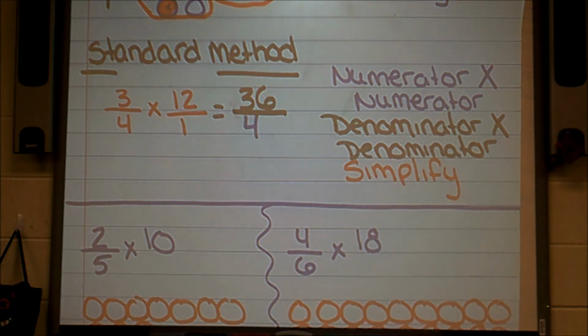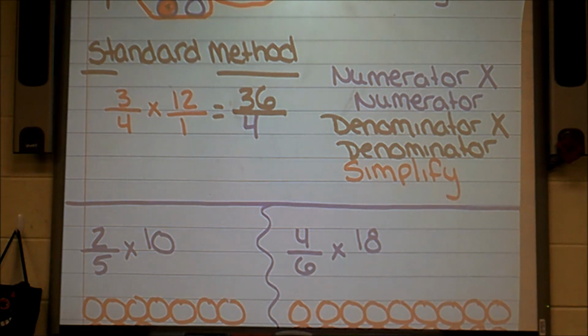Well, what can I divide both 36 and 4 by evenly? I wonder if I count by 4s, if I'll hit 36. 4, 8, 12, 16, 20, 24, 28, 32, 36. I do.